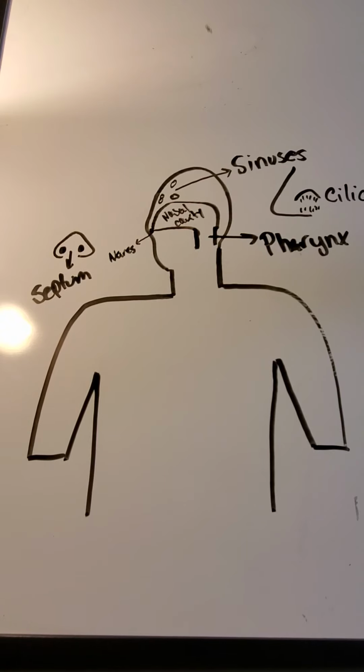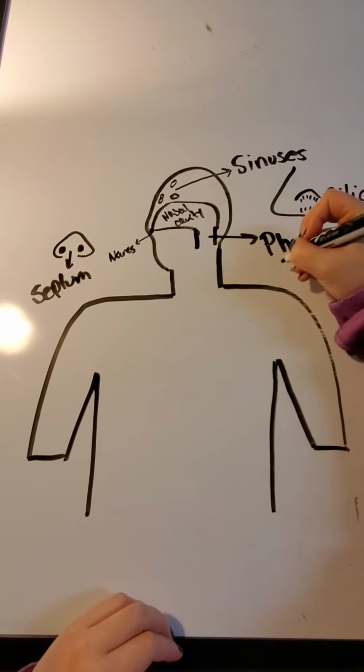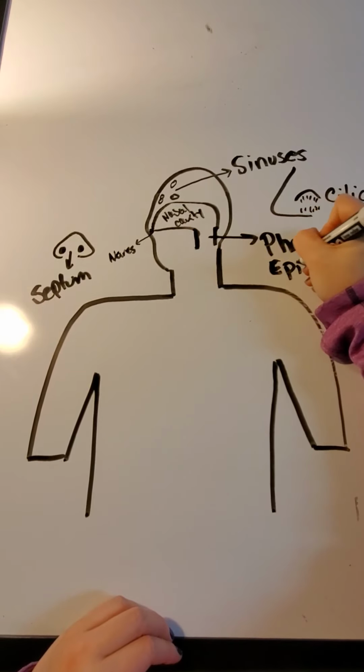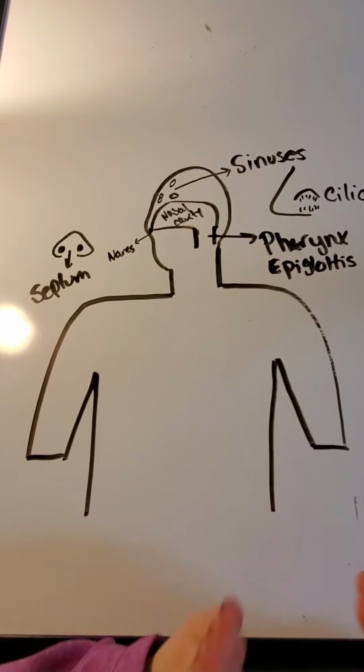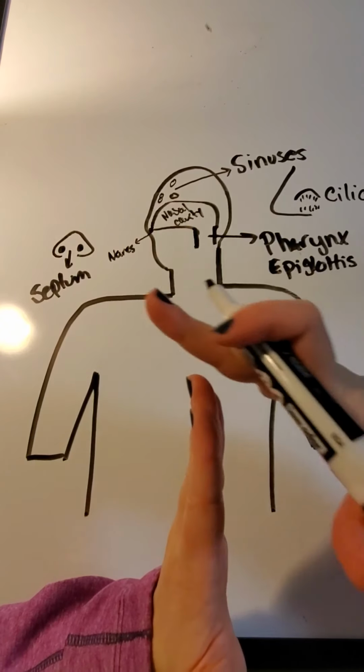But what's really good for us is that when we're swallowing, if you take a second and swallow, you actually stop breathing for a second. And the reason why this happens is there's something called the epiglottis. The epiglottis is basically this little flap. So if this is my airway, it has this little flap.